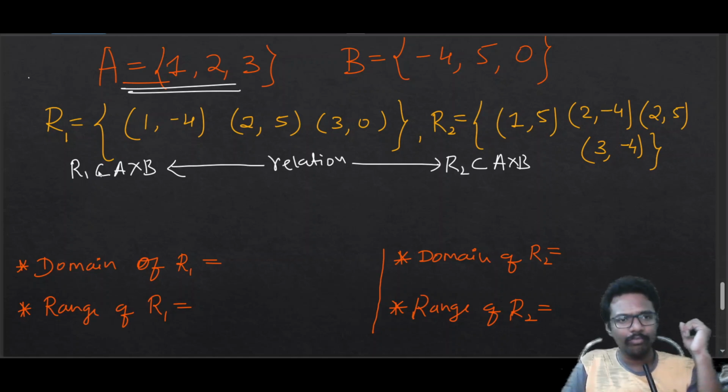If I consider R1, the first example, R1 contains three ordered pairs: (1, minus 4), (2, 5), (3, 0).